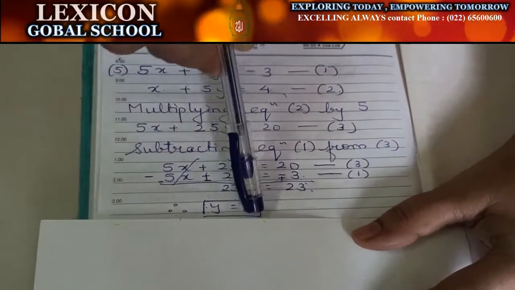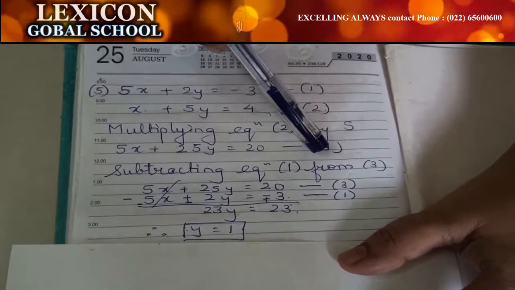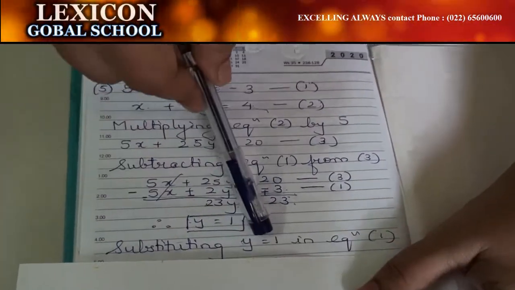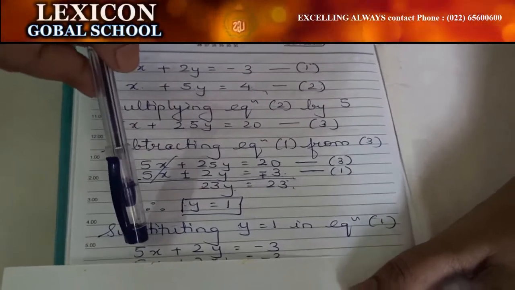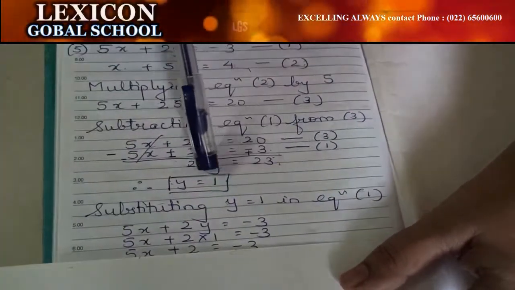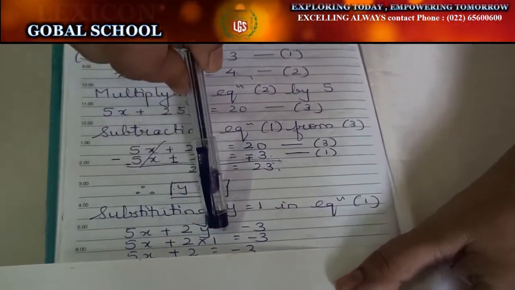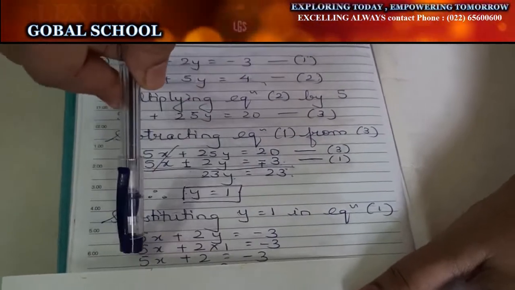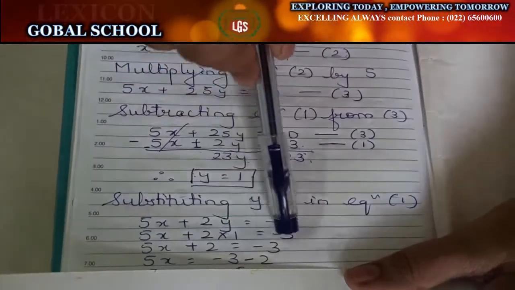Now again I am going to substitute this y is equal to 1 in either equation 1, 2 or 3. Substituting y is equal to 1 in equation 1. So my equation 1 is 5x plus 2y is equal to minus 3. I am going to substitute value of y, 5x plus 2 into 1. That is, y value is 1. 5x plus 2 is equal to minus 3. 5x is equal to minus 3.